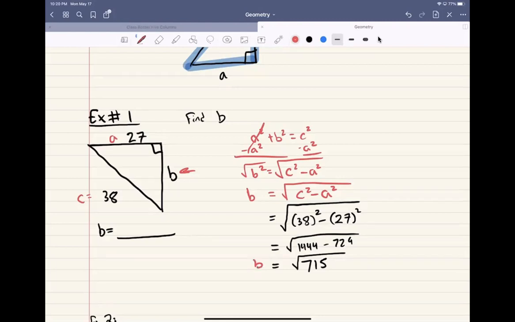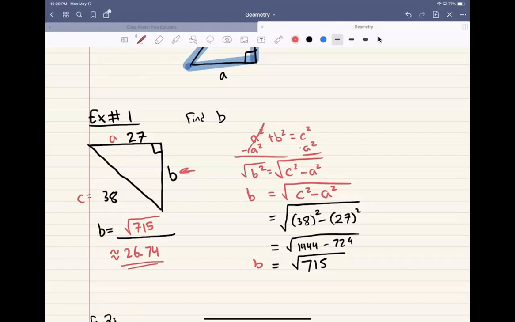In class, we'll do problems where we can simplify, but for right now, we know that the answer to this problem is the square root of 715, which is approximately 26.74. Okay, and that kind of makes sense because since b is a leg, and the hypotenuse is the longest side, b has to be smaller than c, but around the same size as a.